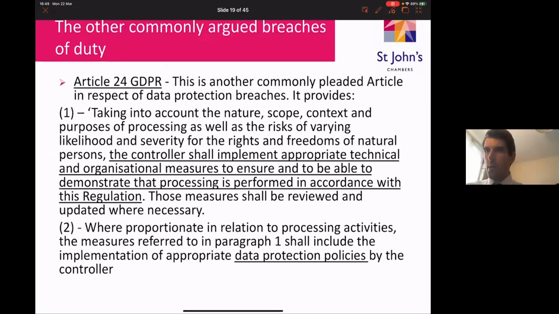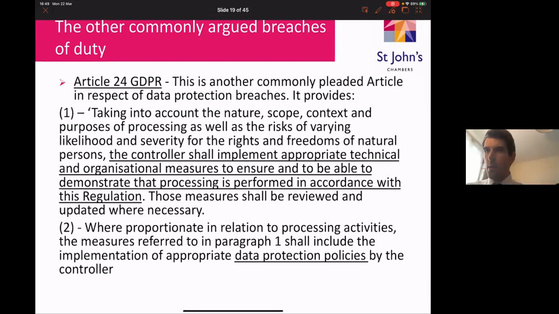And 24, which is another important article, and one which is routinely pleaded as a breach by a claimant. It provides, by Article 24.1, that the controller shall implement appropriate technical and organisational measures to ensure and to be able to demonstrate that processing is performed in accordance with this regulation.